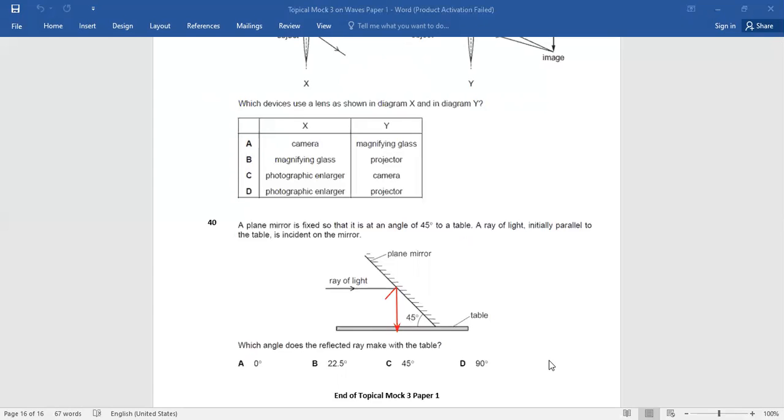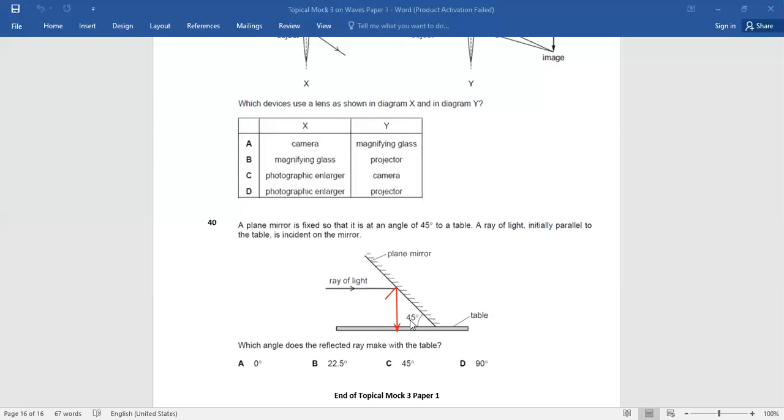It's clear now? Yes, sir. So why? The angle that the refracted ray makes with the table? Oh, the table is here.